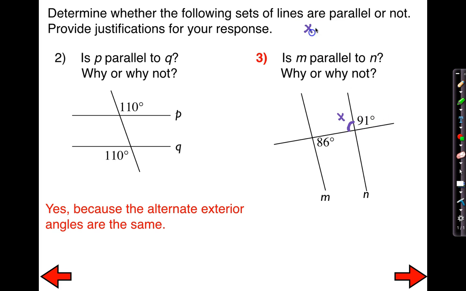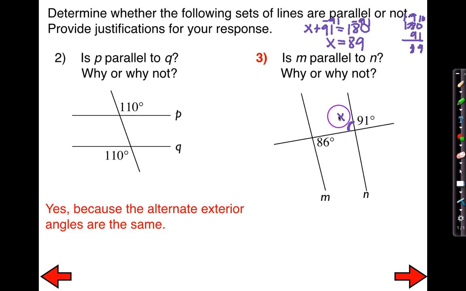So if I put angle X plus 91 is 180, I'm going to solve for X by subtracting 91 from both sides and find that X equals 180 minus 91. We can borrow, and we're going to be left with 89.